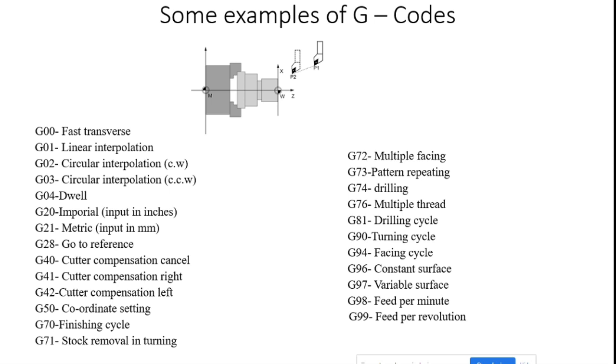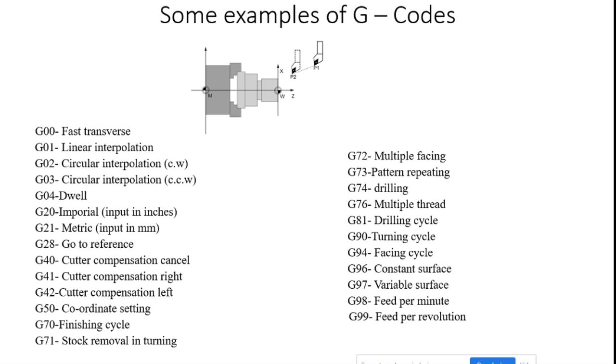If I want to give metric dimensions to the workpiece, I can utilize G21, which is for metric dimensions. And then G28, what is the meaning of G28? The tool moves to the reference point, and I can also collect the reference point with respect to the work table. These two are possible with G28.